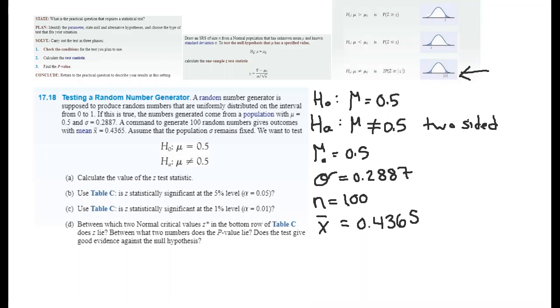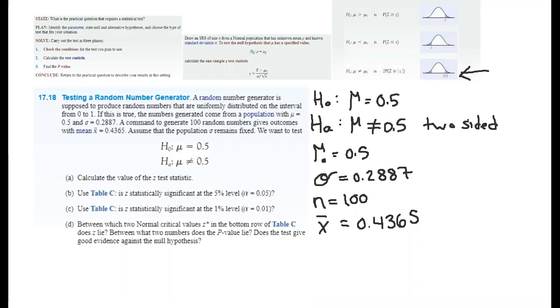A random number generator is supposed to produce random numbers that are uniformly distributed on an interval from 0 to 1. If this is true, the numbers generated come from a population with mu equal to 0.5 and sigma equal to 0.2887. That's a mean of 0.5 and standard deviation 0.2887.